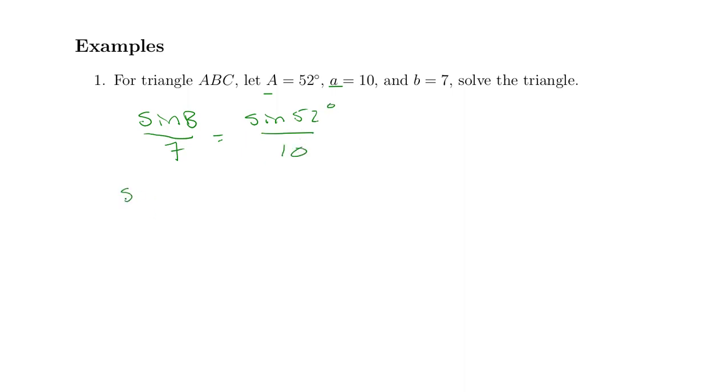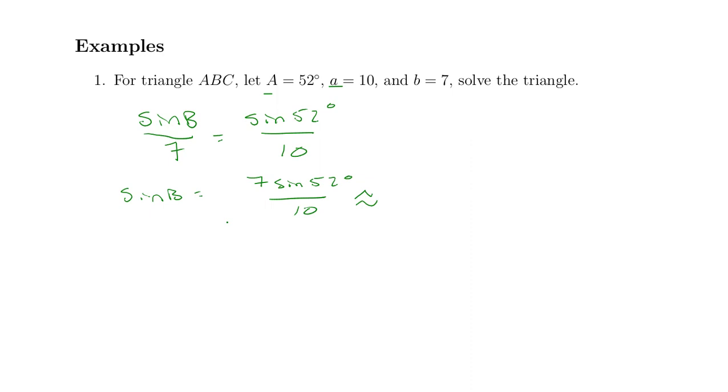And so we can say sine of B is 7 sine of 52 degrees over 10. So if you want, you can figure out approximately what this is. Let me grab my calculator. 7 times sine of 52 divided by 10.